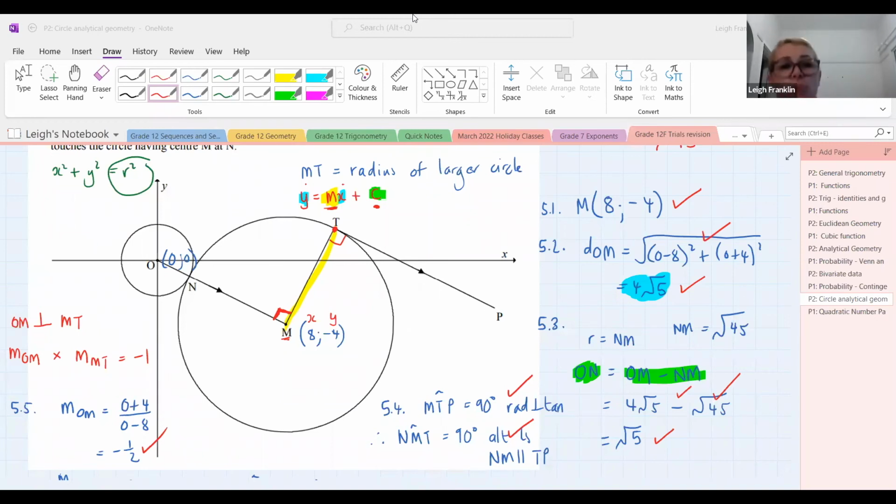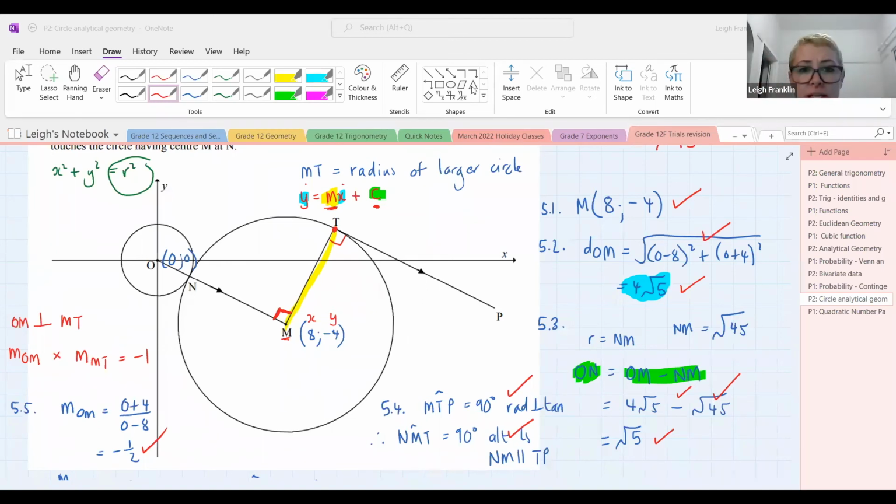Absolutely, Mangali. So it is a point of contact or a point of intersection. Good. At T, the circle and TP touch one another. We could also say that at T, the circle and the radius, MT, touch one another as well.